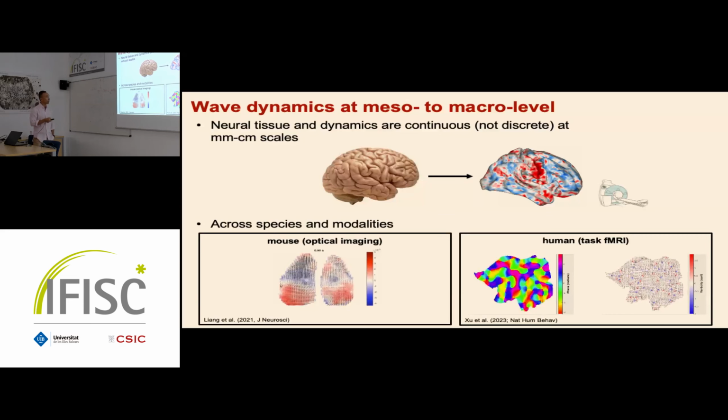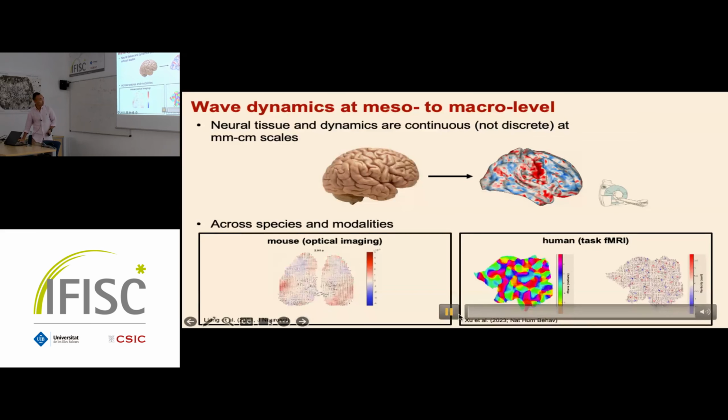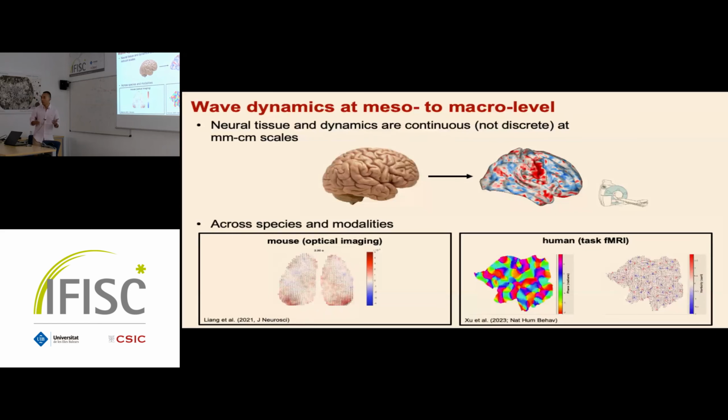And you can clearly see that there are waves that emerge spontaneously and they propagate in space and time, but they also transition between one pattern and the other. And people have also found it in task-related fMRI. So these kinds of things are ubiquitous in the brain. So the first thing as a physicist is, how do we model such things?